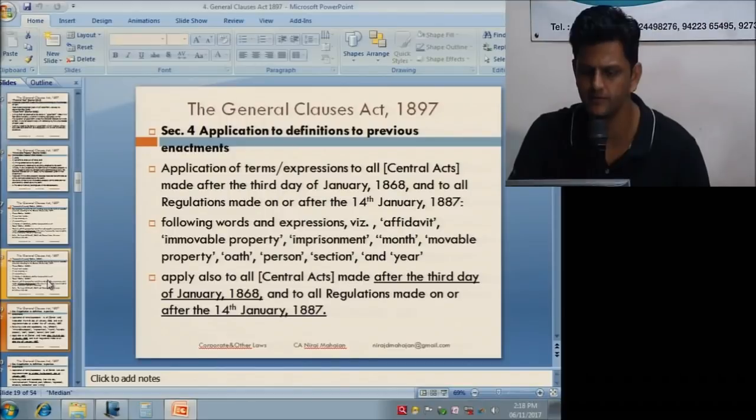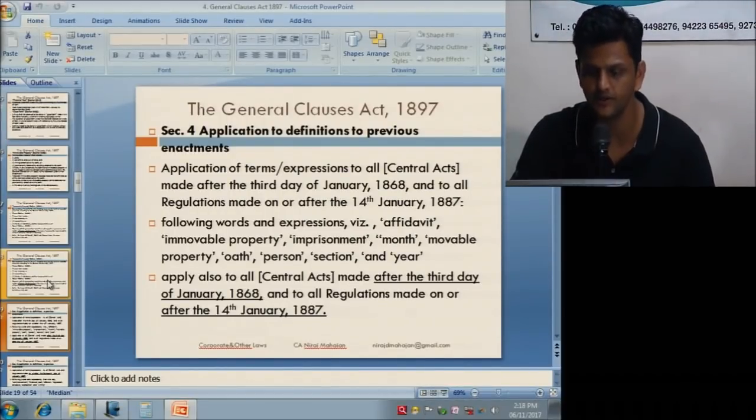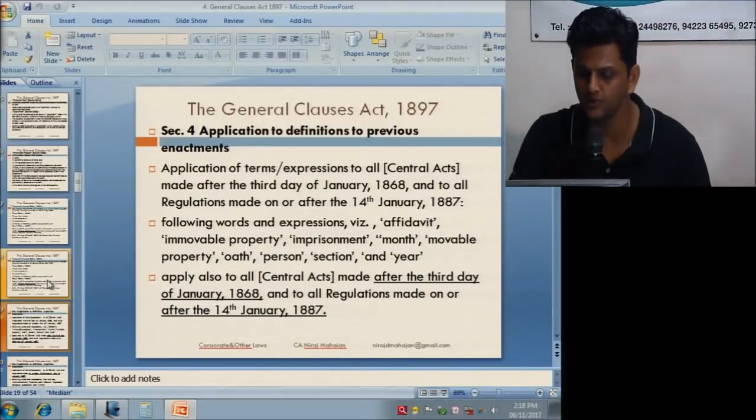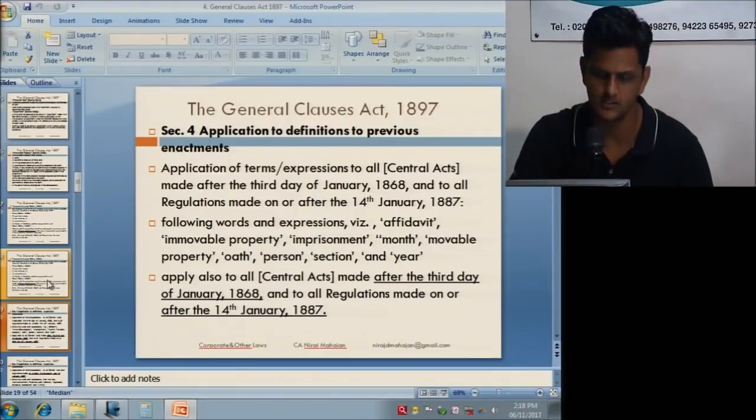Which ones? Affidavit, immovable property, imprisonment, month, movable property, oath, person, section and year. These shall also apply to all central acts made after the 3rd day of January 1868 and all regulations made on or after 14th January 1887.